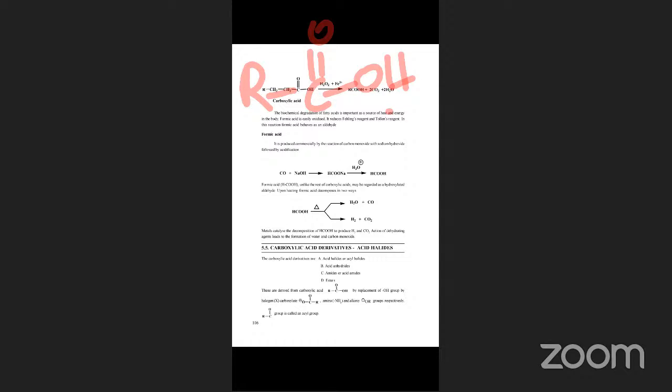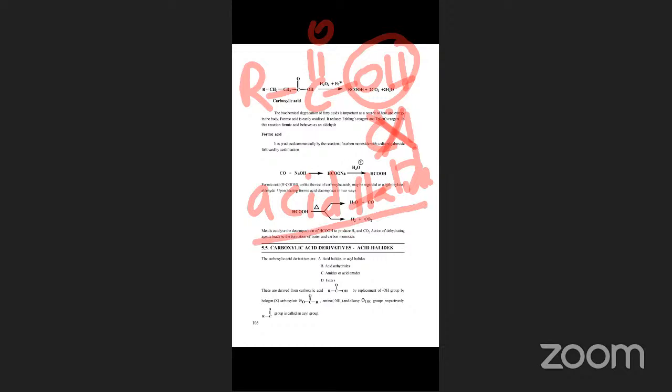You just remove OH and put chlorine, X. This is acid halide. X is nothing but halogen. So this acid halide comes from carboxylic acid. This is a carboxylic acid derivative. Number one derivative is the acid halide.